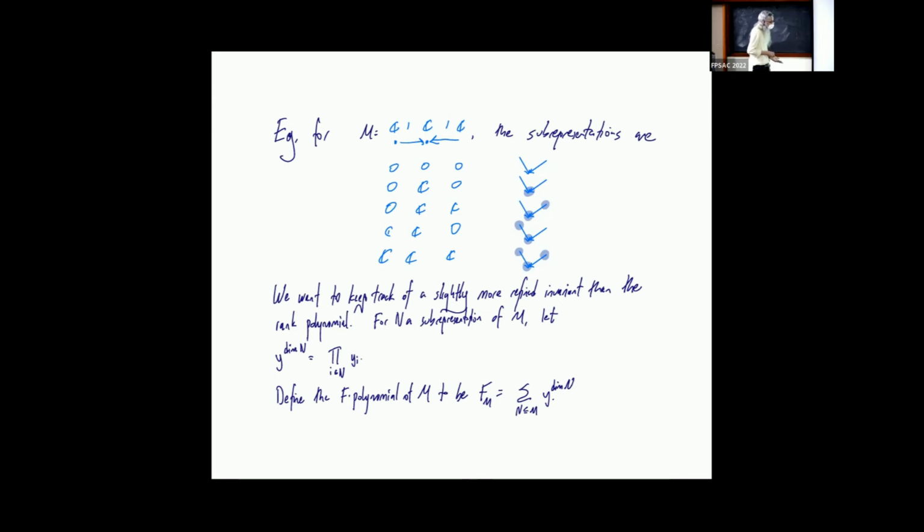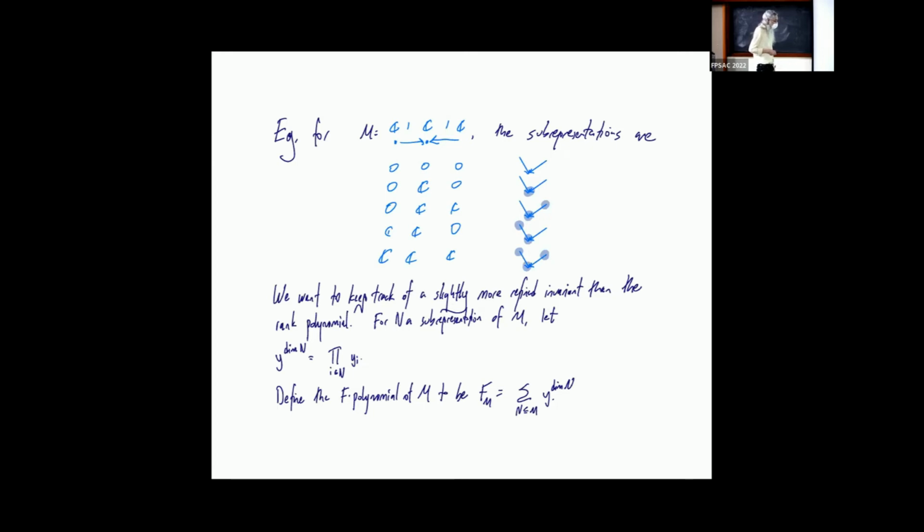It's a natural notion as a way to measure the subrepresentations of a representation, but it was introduced not really that long ago by Derksen, Weyman, and Zelevinsky in their study of quiver representations applied to cluster algebras.